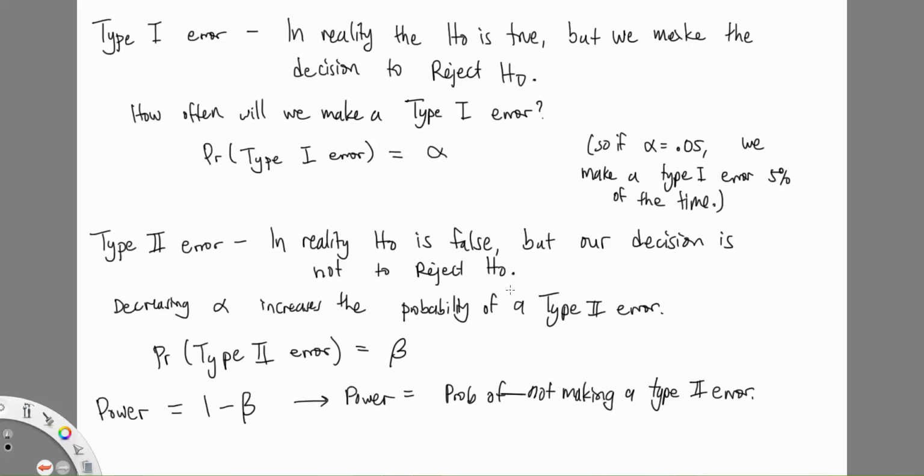And that's a good thing, right? So the type 2 error is making the mistake of not rejecting it, and power is the probability that you correctly reject the null when the null is false. So that's power.